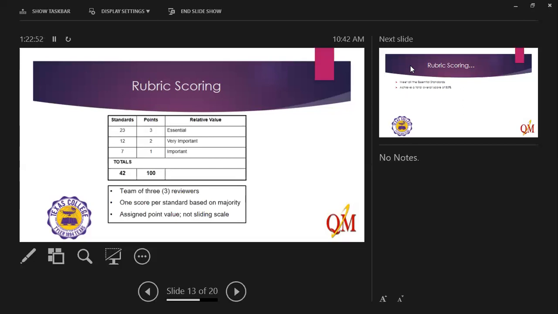Number 2, your overall score has to be at least 85 out of 100. So if I were to do well in all 23 essential standards, and have more than 85 points or 85%, and then miss just one of them, my course does not make it.